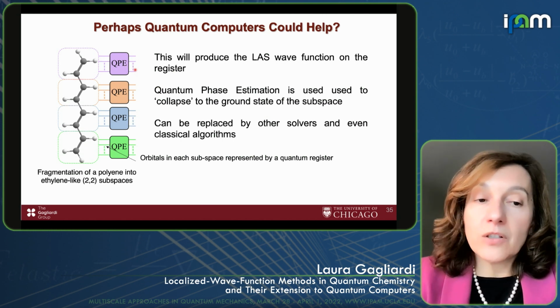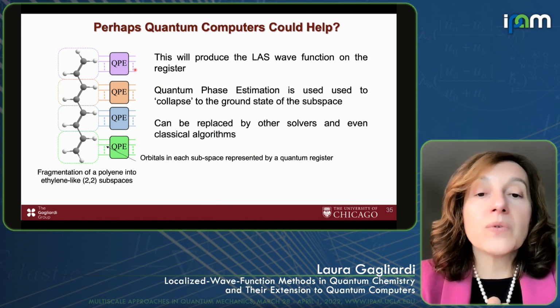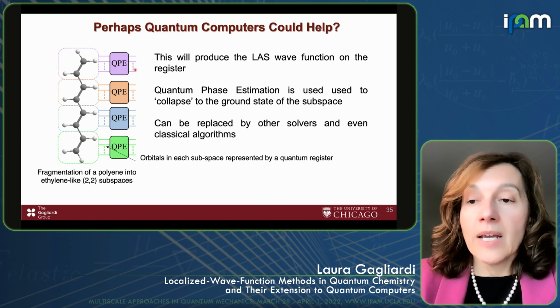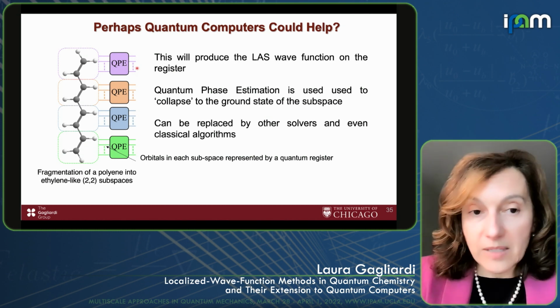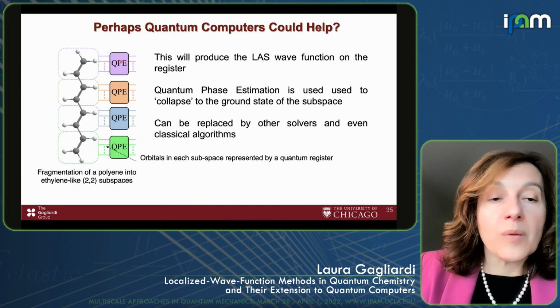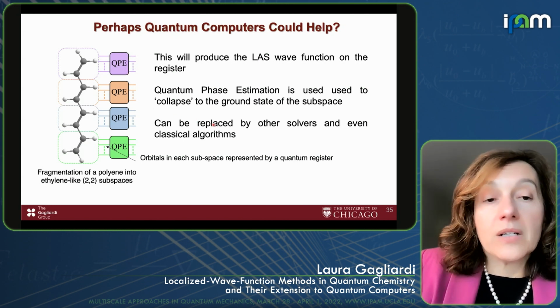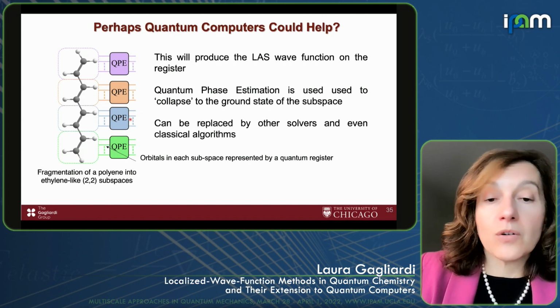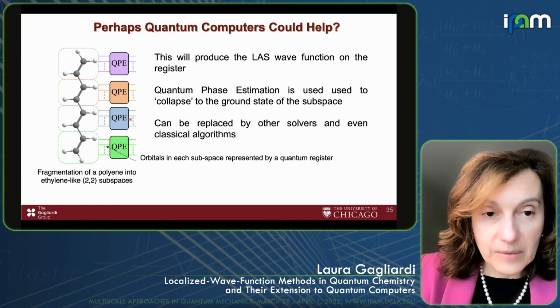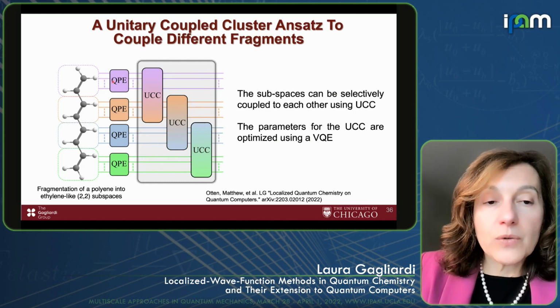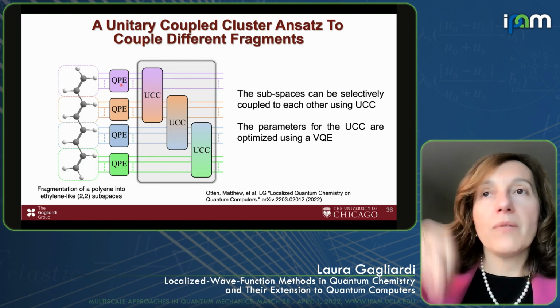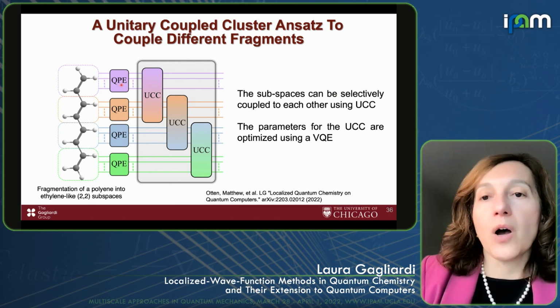In this particular case, what we have been exploring is to use quantum phase estimation to collapse to the ground state of each subspace. But in principle, one could replace QPE by other solvers, eventually also classical algorithms. Then one could say, if I just use QPE, I basically solve the local wave function problems.